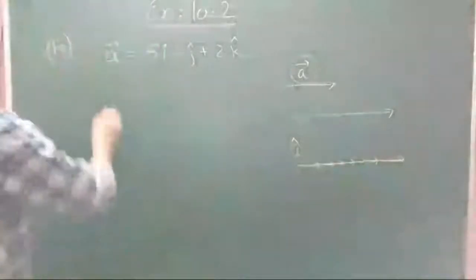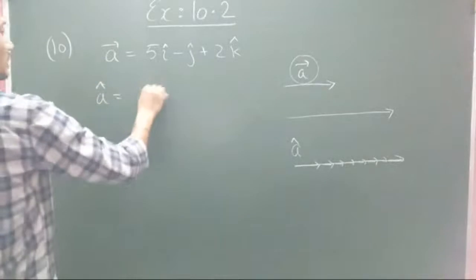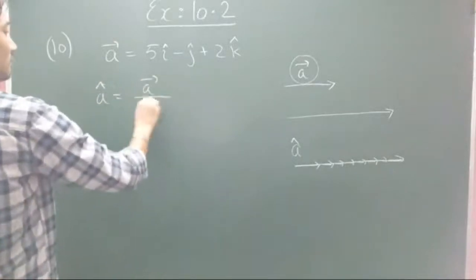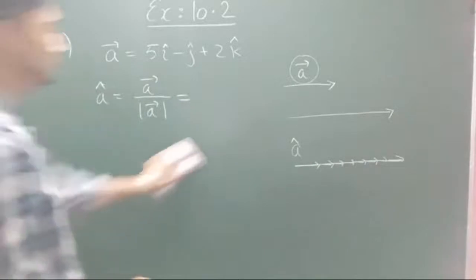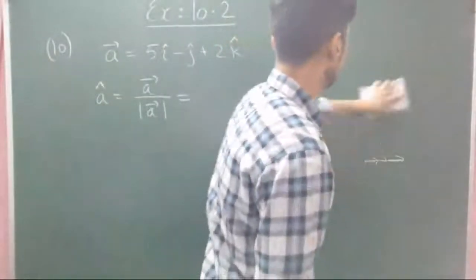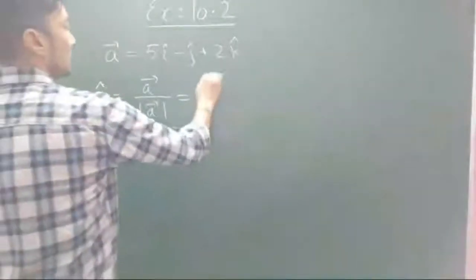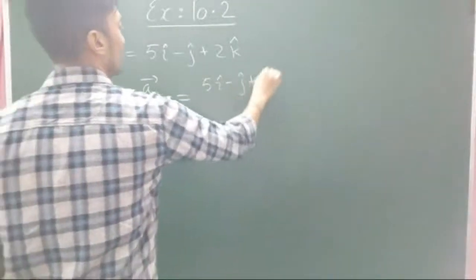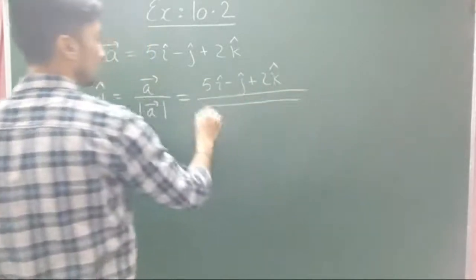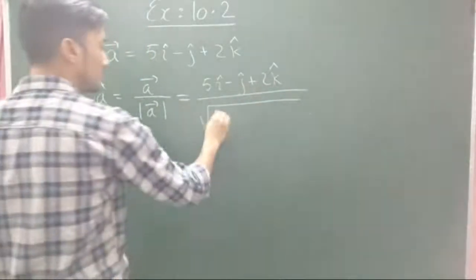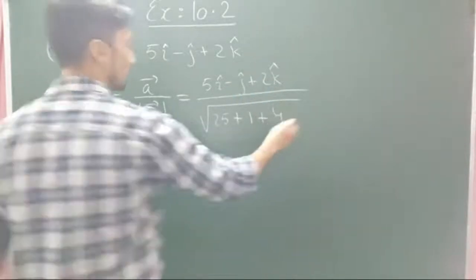Let's find the unit vector for this, that is A cap. That would be vector A divided by the magnitude of vector A. So 5i minus j plus 2k divided by root over, shall I do it directly? 5 square is 25, 1 square is 1, 2 square is 4.